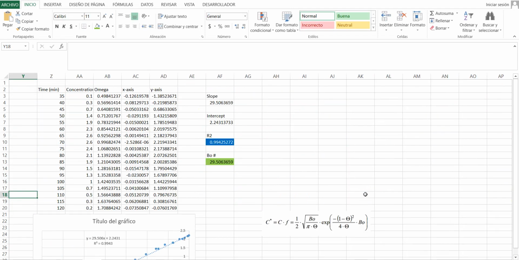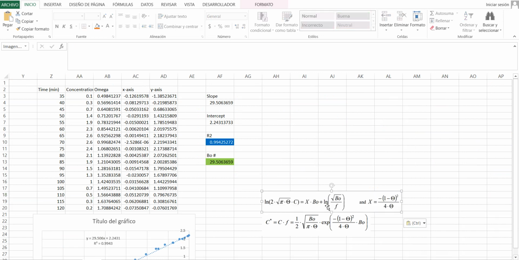Okay, so we can observe here that in the linear regression, the intercept is equal to the natural logarithm of the square root of the Bodenstein number divided by this f factor. So if we have the intercept and the Bodenstein number, we can solve for this f factor.